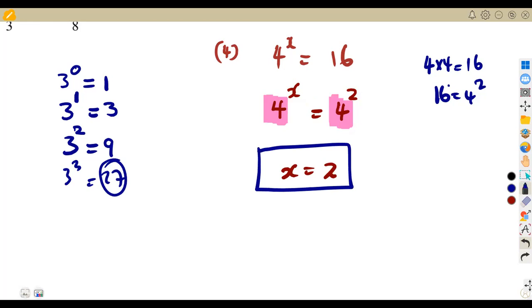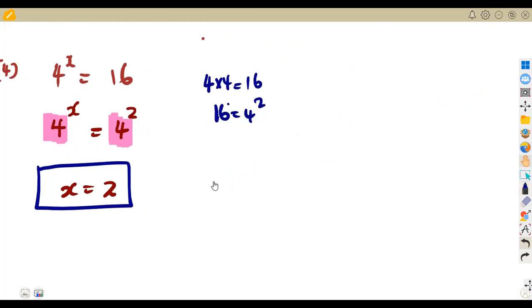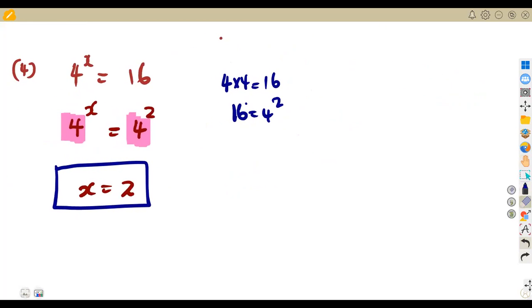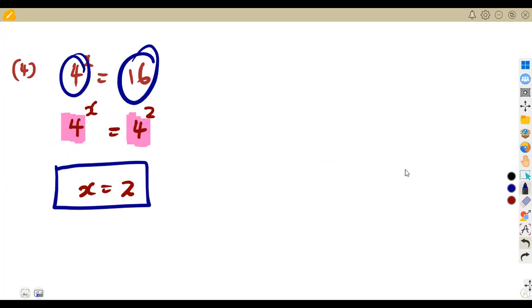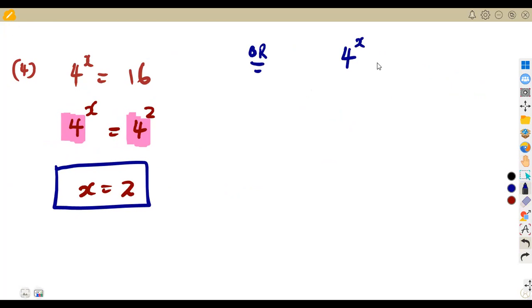Okay, what if I wanted to have it this way? Besides writing it as a number in base 4, what if I write it in simplest form, and this one also in simplest form? What would the answer be? All right. 4 to the exponent of x is equal to 16. We know that this 4 can be written in base 2 also as 2 to the exponent of 2.